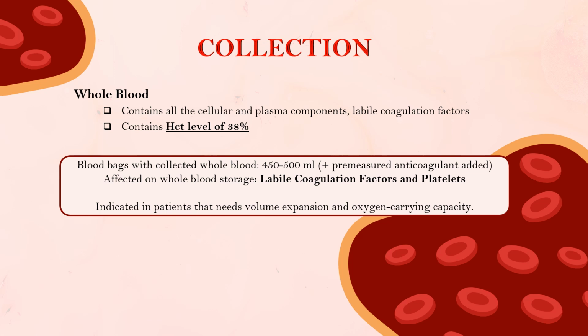Basically, a single unit can produce multiple blood components and blood products that are needed to treat different or varying conditions. So if a patient only needs RBCs, then he can be transfused with packed red blood cells, saving the other blood components that can be prepared from that single whole blood unit.